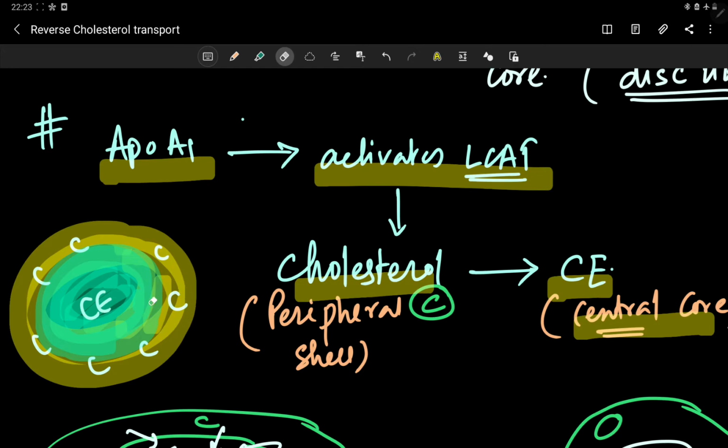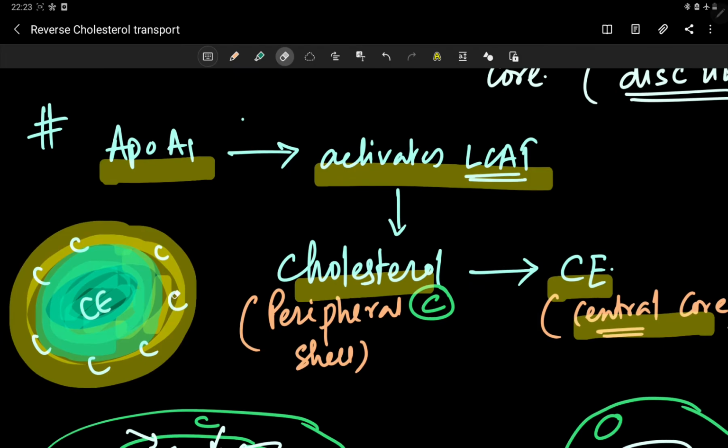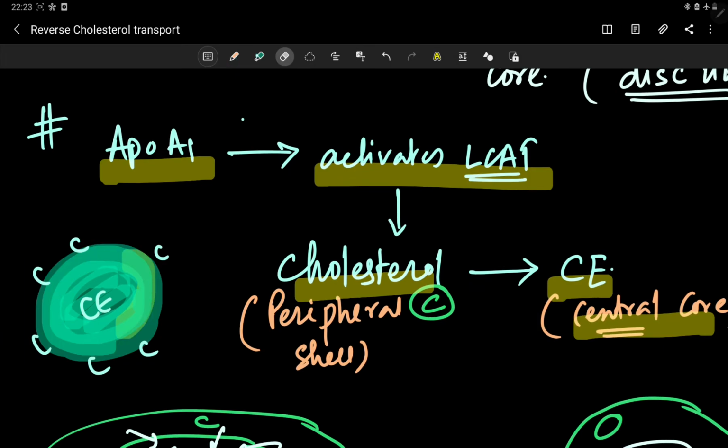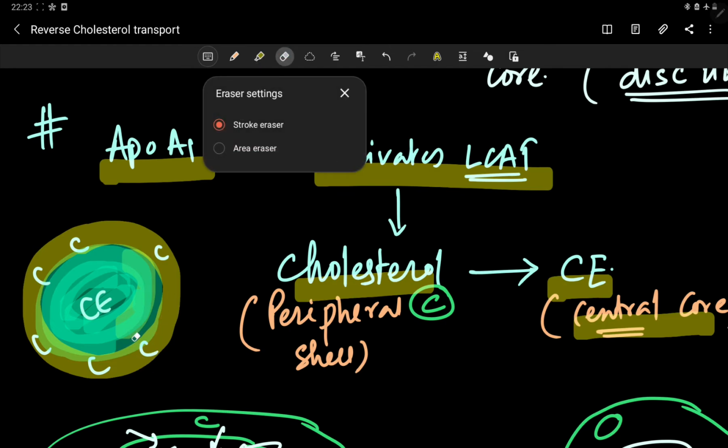Here the cholesterol which was present previously is now not present at this level. So what happens here? This portion, you can see, once I am drawing at the periphery, the cholesterol is mobilized in the form of cholesterol ester towards the core.